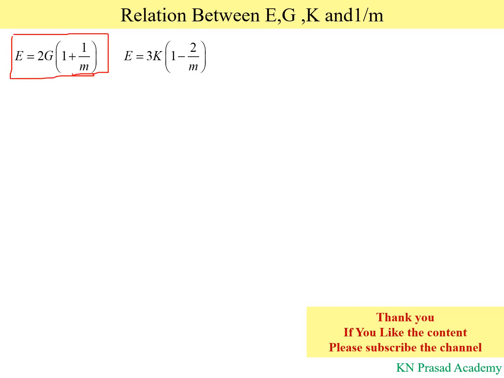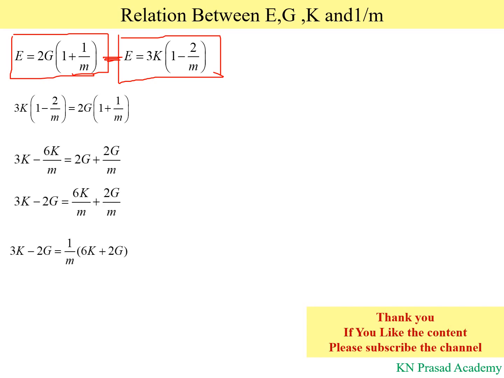And just now we derived the relation between the Young's modulus and the bulk modulus, that is E equal to 3K into 1 minus 2 by M. From these two equations, we rewrite: 2G into 1 plus 1 by M equal to 3K into 1 minus 2 by M. Then we have to solve this equation.